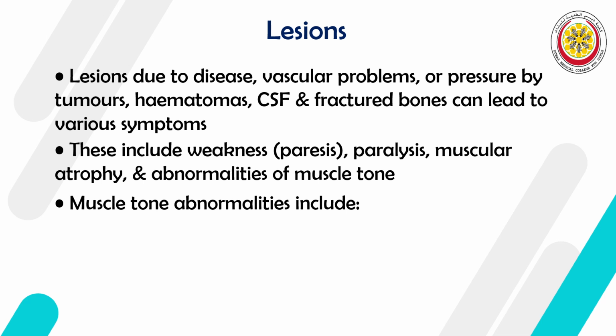Is this because most of the cranial nerves receive supply from both sides, like the corticonuclear tract? This is one reason, and in such a case, it is minor weakness, not major weakness. But even if it is lower motor, like facial nerve palsy, it is usually incomplete. Some neurons will still remain functioning.